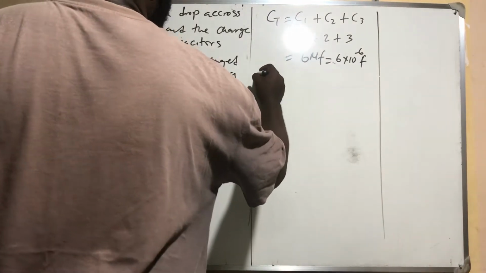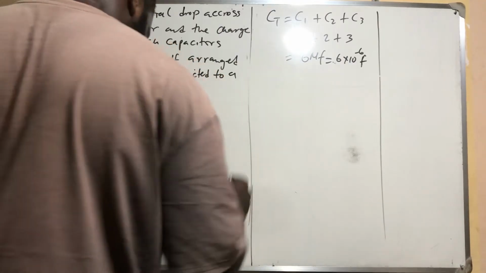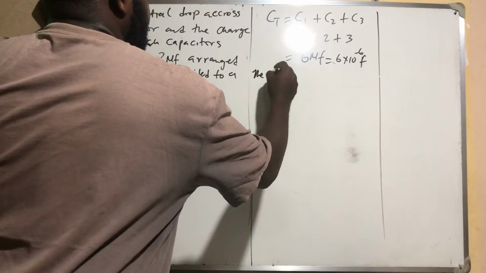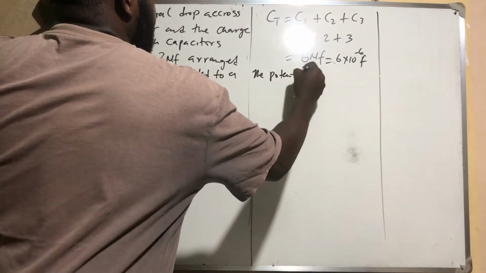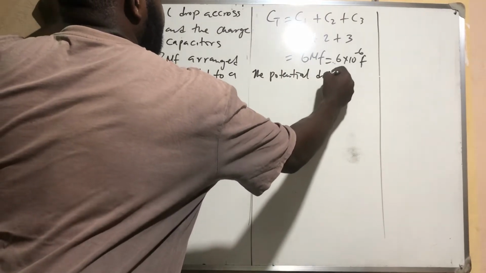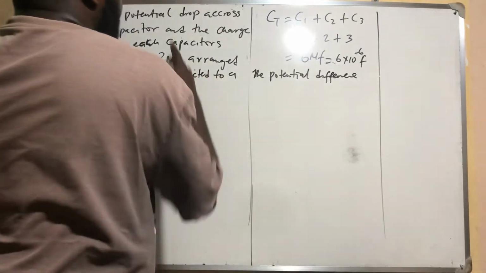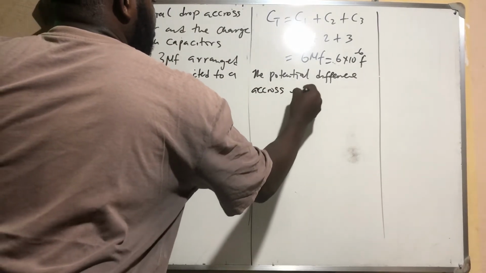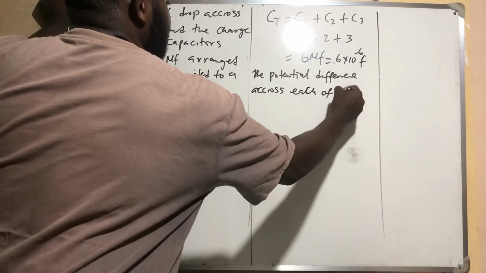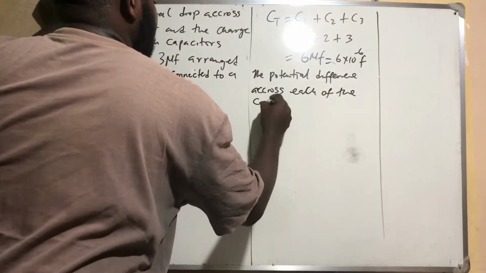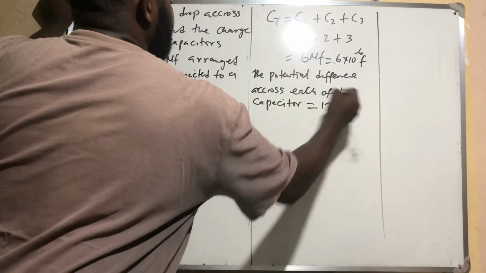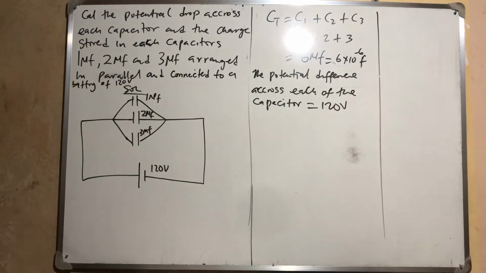So the potential drop across each of the capacitors equals 120 volts.